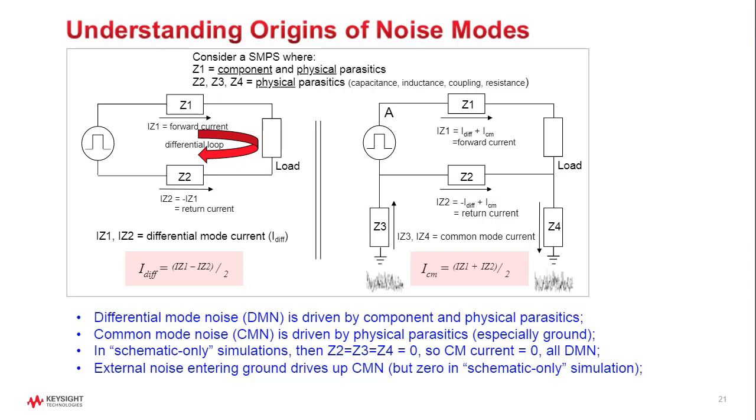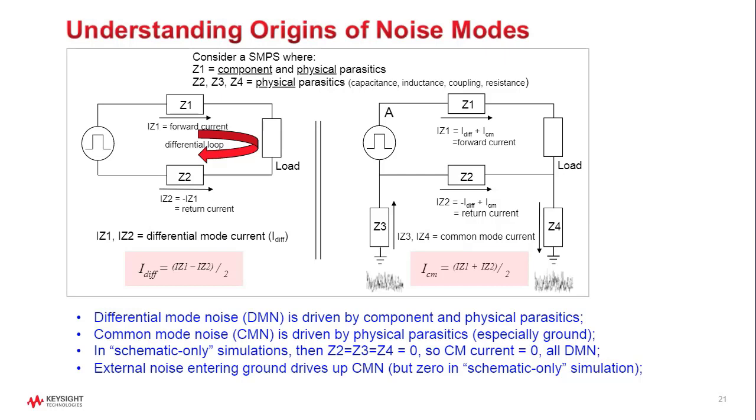And what's important to understand, if you look at the right side and you look at load Z2, that would represent what you might describe as your ground plane or your reference plane. And if that is 0, then you have a perfect ground plane.